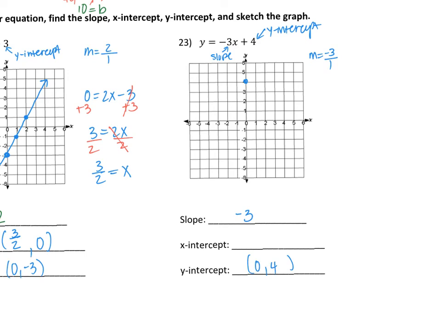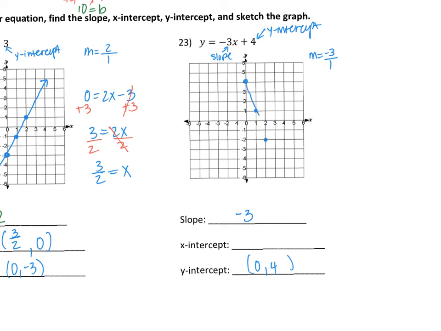And then for our slope, we can use that to help us draw the graph. So this says down 3. So our slope is down 3 over 1. Down 3 over 1, plot.